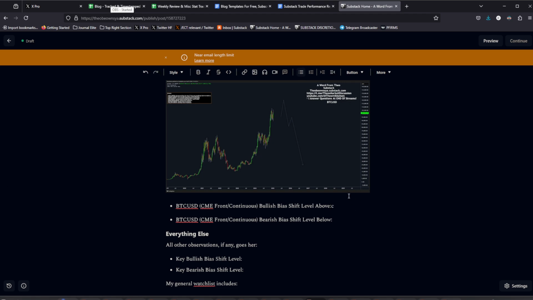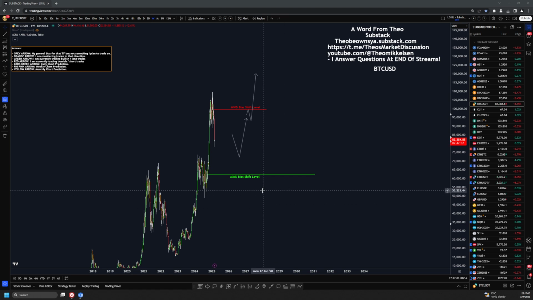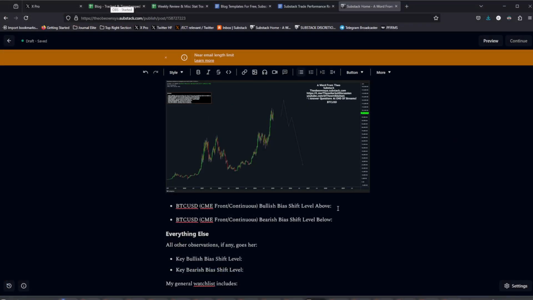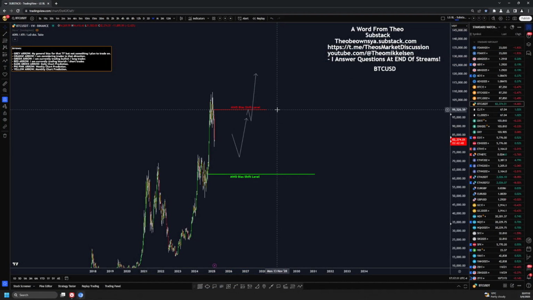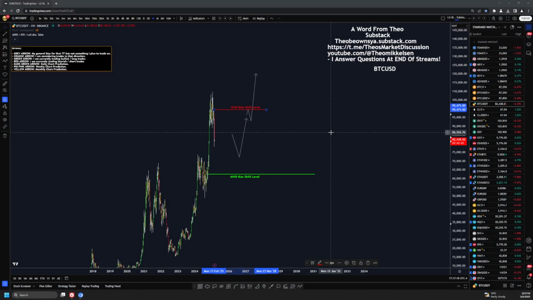would say as long as we stay above with the volatility we have in this asset class here, 62,537, I think we are potentially supported, and we are bearish as long as we stay below. That would probably be 99,475, and that is on Binance's chart.